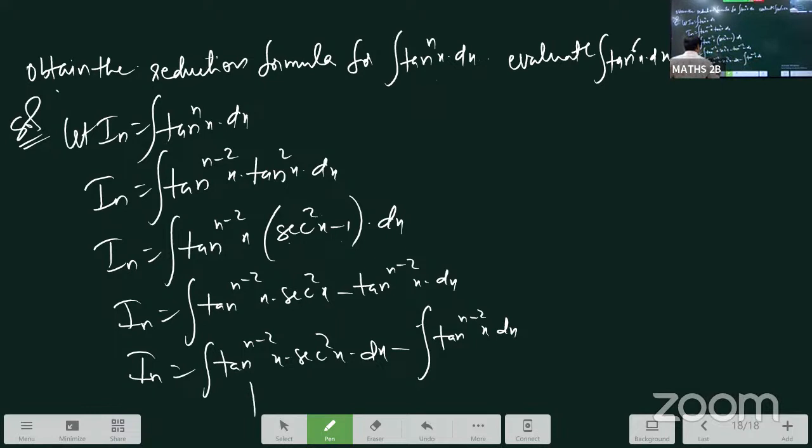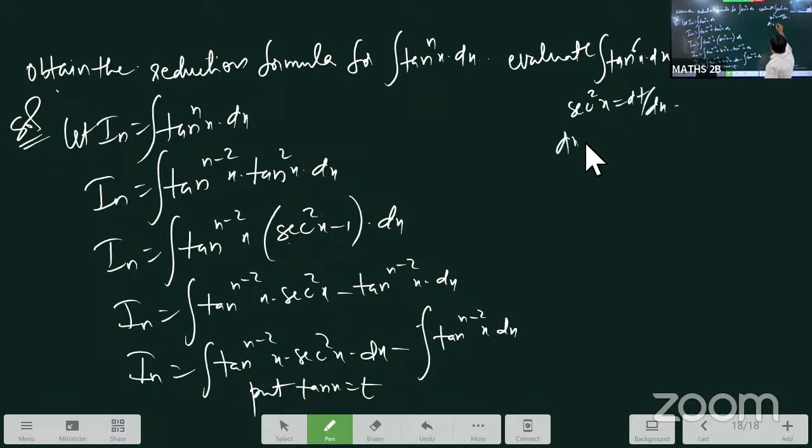Now here put tan x equal to t. Substitution. When I put tan x equal to t, what am I going to get? Differentiate: secant square x is equal to dt by dx, and dx is equal to dt by secant square x.